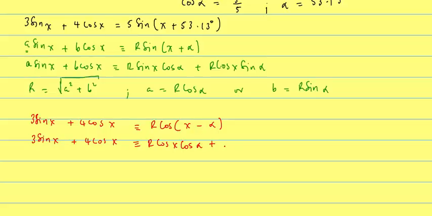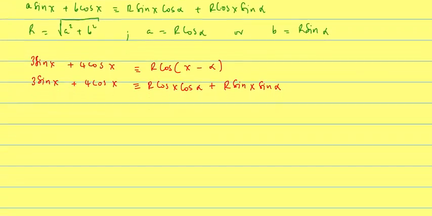It's a minus, so that has to be plus r sine x sine alpha. Now if we go ahead and equate coefficients, it follows that 3 is going to be equal to the coefficient of sine x on the right hand side, which is r sine alpha, but we already know that r is going to be equal to the square root of the coefficients of the two terms, so it's 3 squared plus 4 squared, and this here will give us again 5.